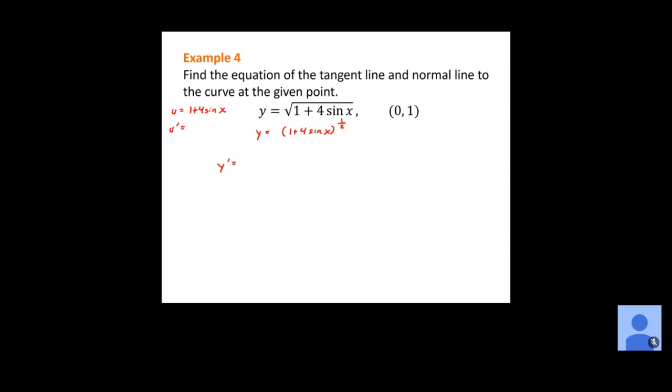And so what's our u prime going to be then? Good, so this gives us 4 cosine of x. So now when we apply our chain rule, this is going to give us 1/2 u to the negative 1/2 times the derivative of u. And then when we substitute back in here, it's going to give us 1/2 times 1 plus 4 sine of x to the negative 1/2 times 4 cosine x.